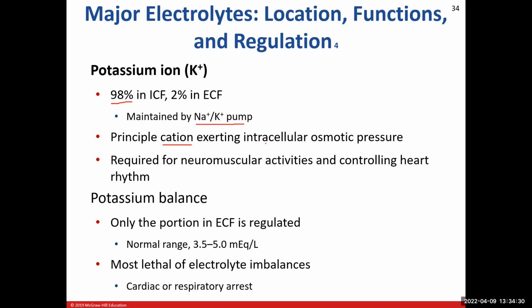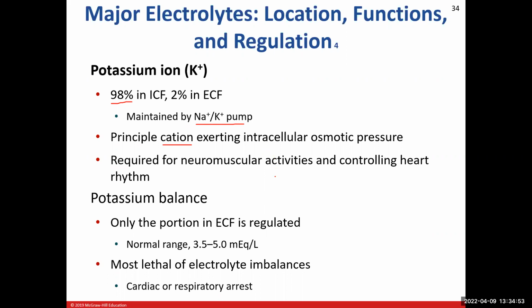We know the value of potassium because it plays a role in the generation of action potentials and the distribution of potassium in and out of the cell. We need it for anything neuromuscular related, and it also plays a crucial role in controlling our heart function, the rhythm, the beat of our heart.